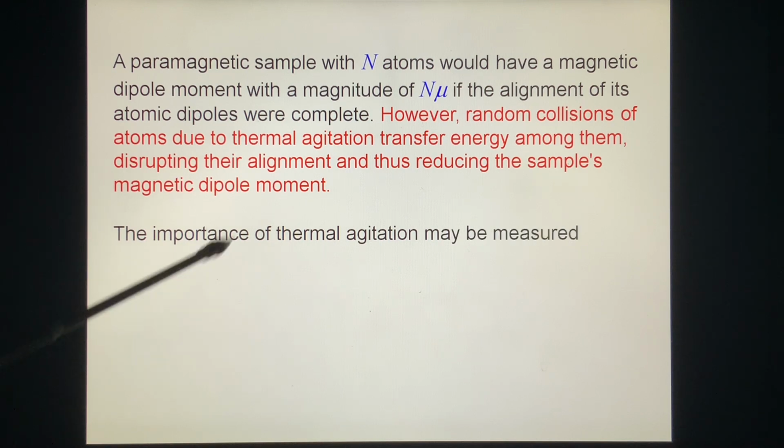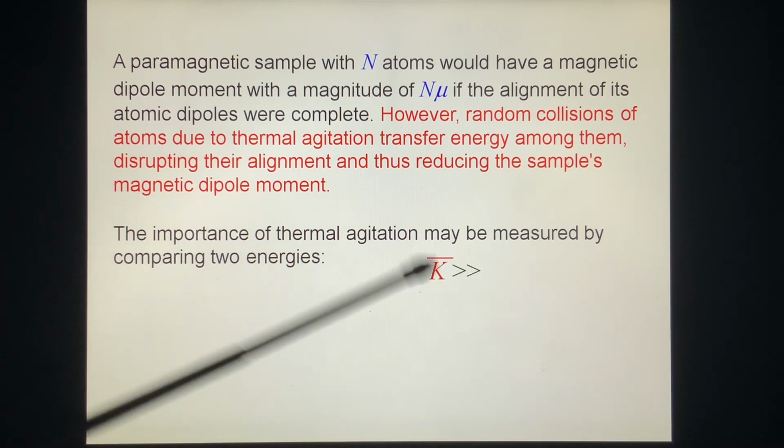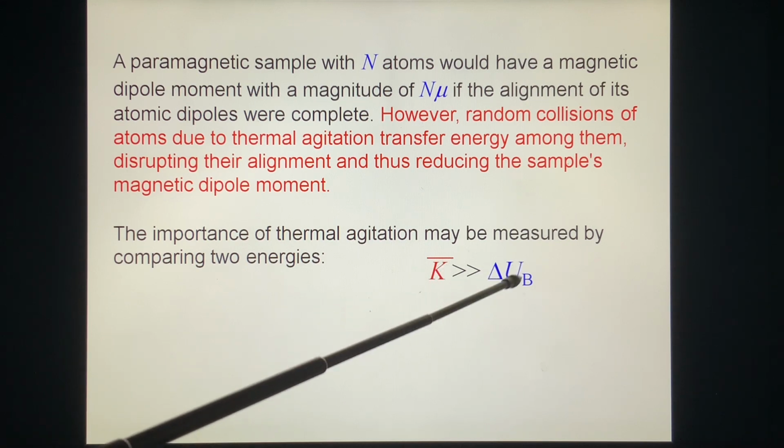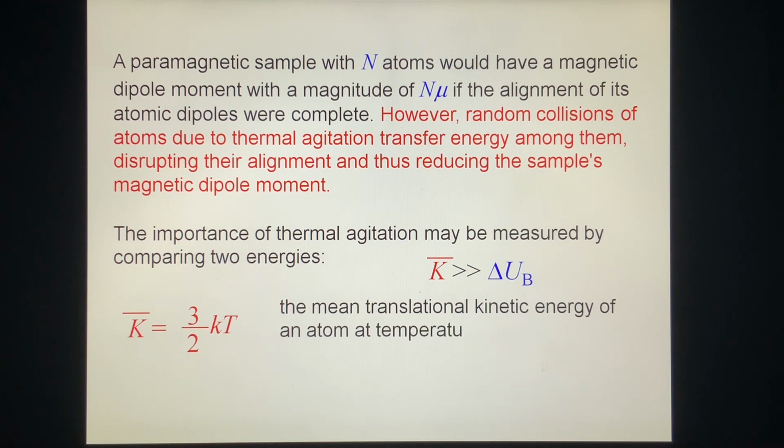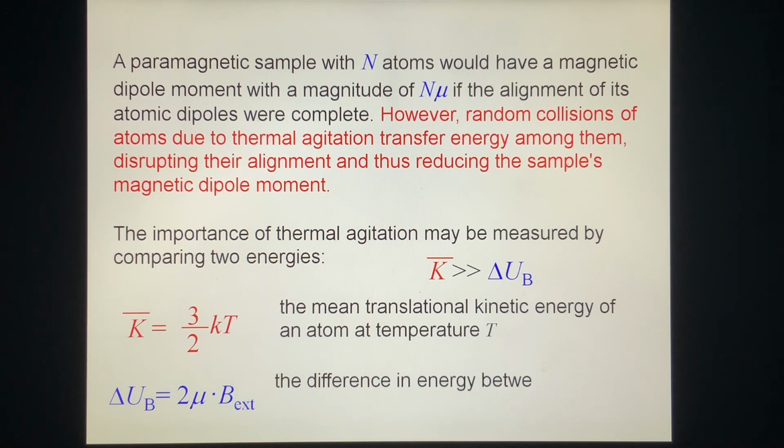The importance of thermal agitation may be measured by comparing two energies: K bar versus delta UB. What is K bar? K bar is 3/2 kT, the mean translational kinetic energy of an atom at temperature T. Remember that? And delta UB equal to 2 mu B external is the difference in energy between parallel and anti-parallel alignments, the potential energy change.